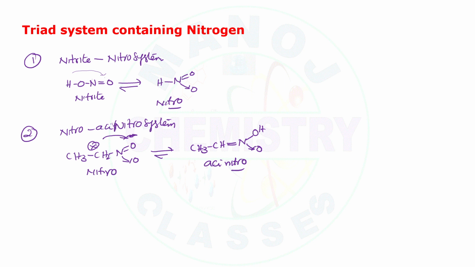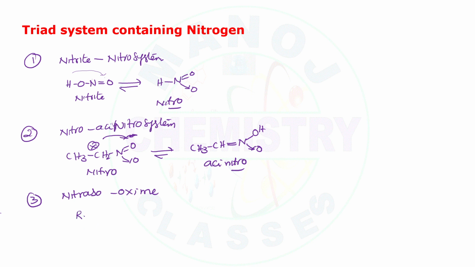So coming to the third one, nitroso and oxime tautomerism. How will nitroso and oxime tautomerism be there? Nitroso means RNO.